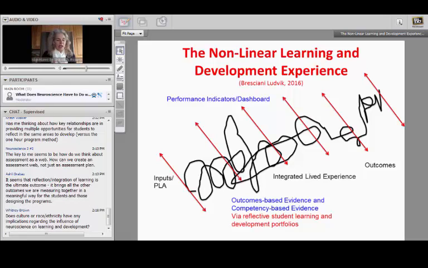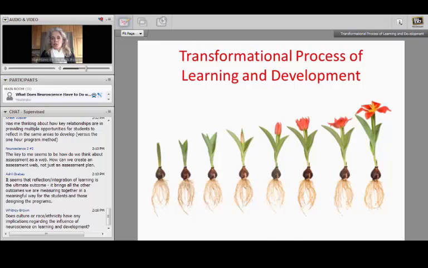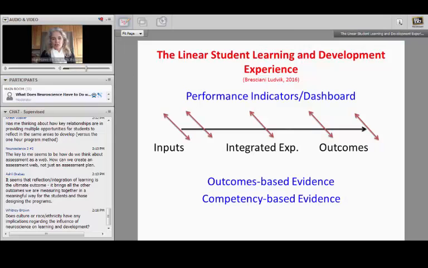Oh, Whitney, great question. Does culture or race and ethnicity have any implications regarding the influence of neuroscience on learning and development? Yes. Spoiler alert, but let me put some context on this first.